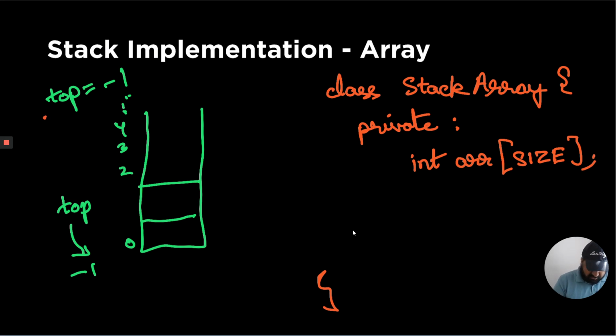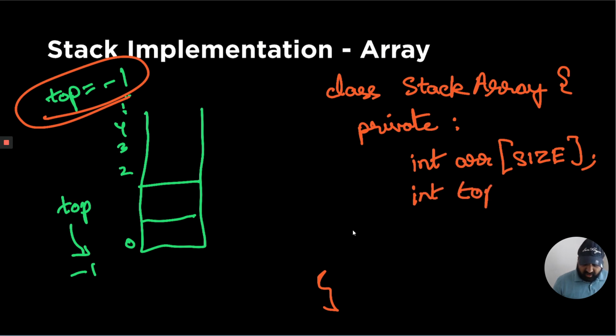Also, since we have this top pointer that we need to maintain, we need another variable. I'm writing this for a stack of integers, but if you want to do it for generics, you can just use a template and follow the convention which you have already done in the first C++ refresher. Next, the public operations or methods supported by this data structure: it could have the push operation, which is basically a method.